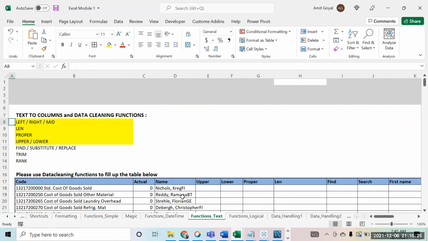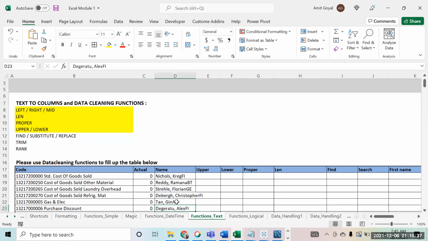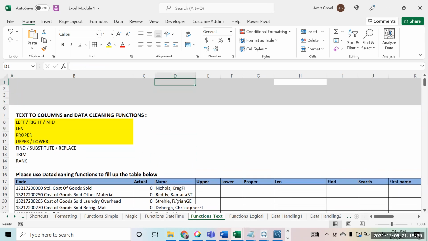Text functions are something we use to work on textual data. As the name tells, date functions work on date fields, and this function is going to help you with your text data.